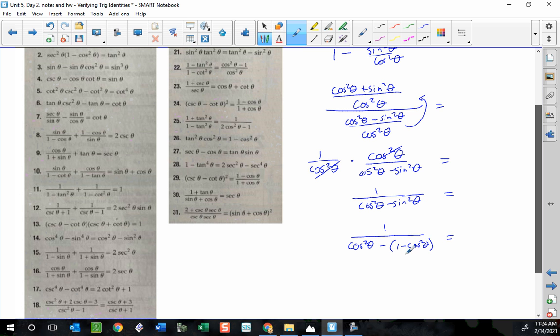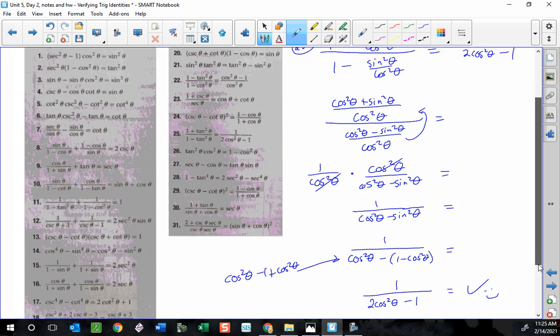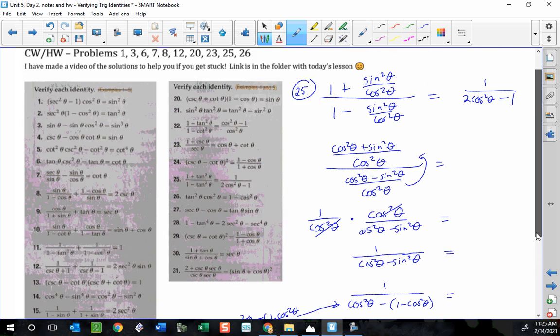All right, I think we've got it. When I apply that negative right there, I get cosine squared minus 1 plus cosine squared, right? Because minus minus makes a plus. So I have 2 cosine squareds minus 1. So there we go. 2 cosine squareds minus 1. And we found it. That's exactly what we wanted, right? Yeah, there we go. Alrighty, last one, 26.